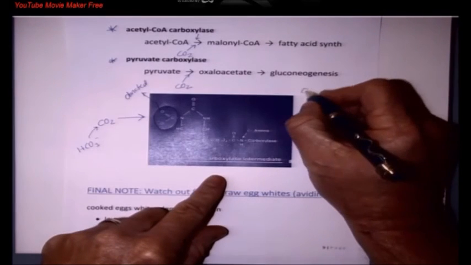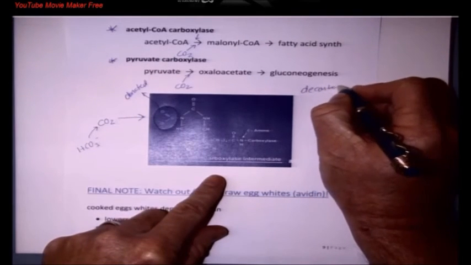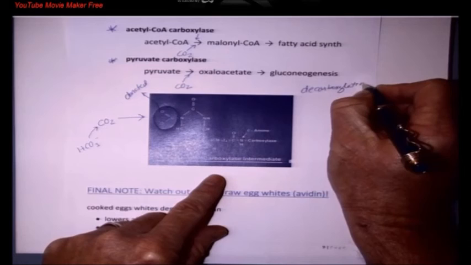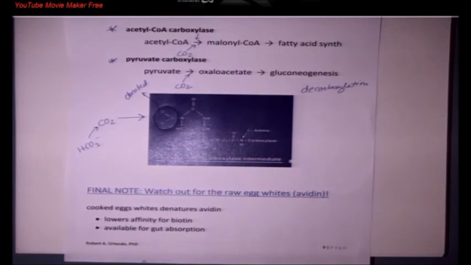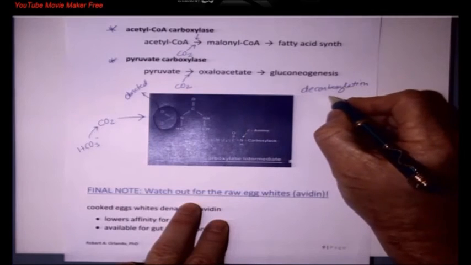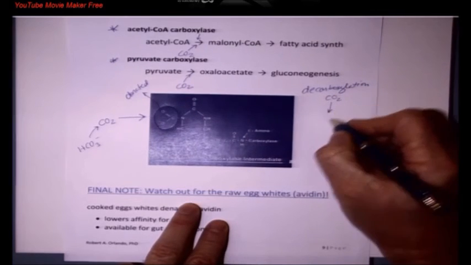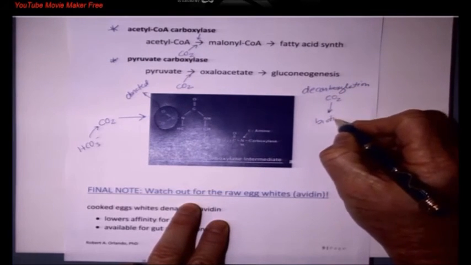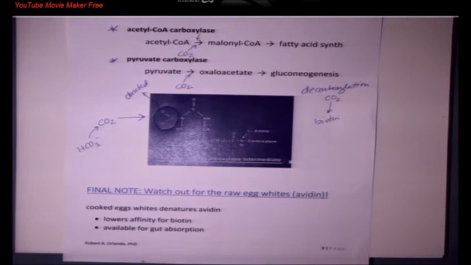Now there are other decarboxylation reactions that can also require the CO2. So in this case, the CO2 is being donated to biotin. So biotin is involved in what's called one-carbon transfers.